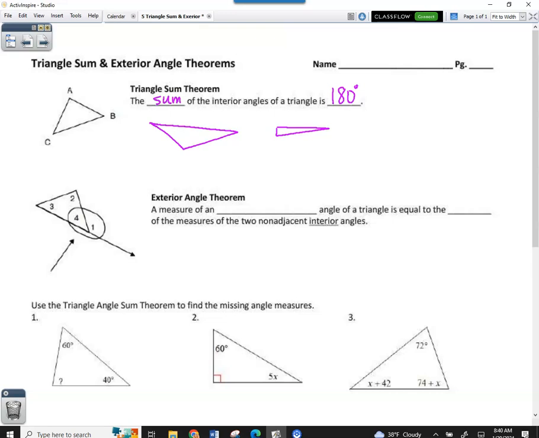We have three. So you've got angle A plus angle B plus angle C equals 180. So that would be your equation. And we'll put EQ for equation.